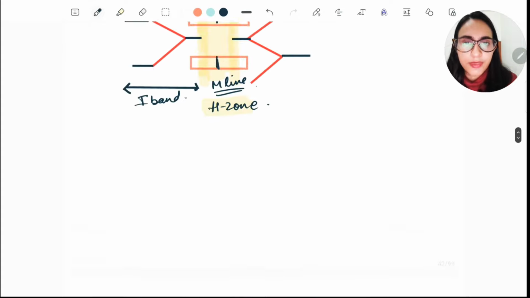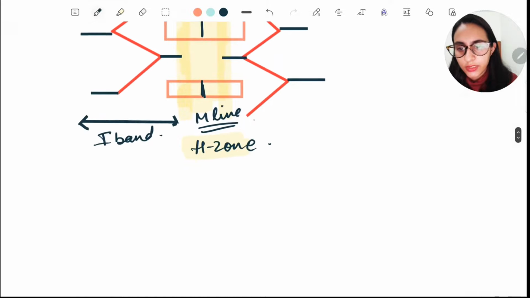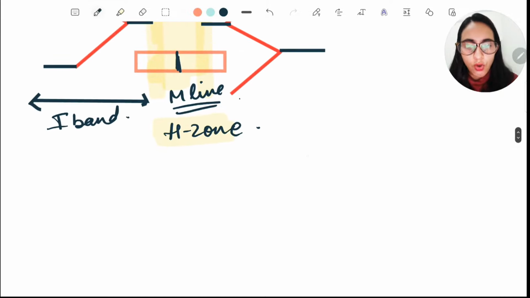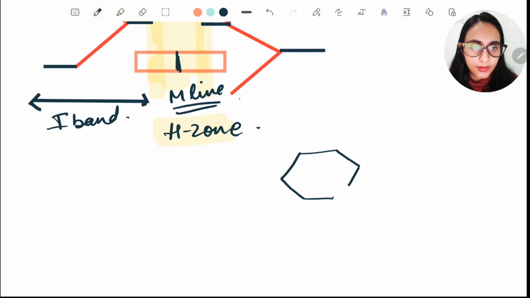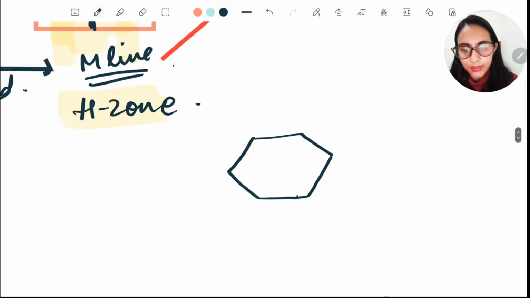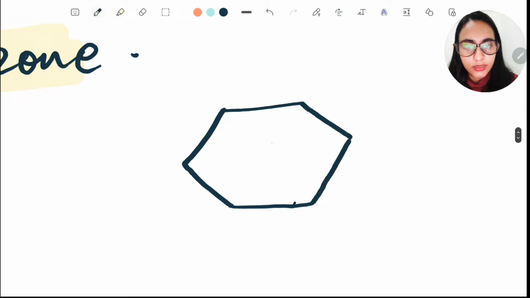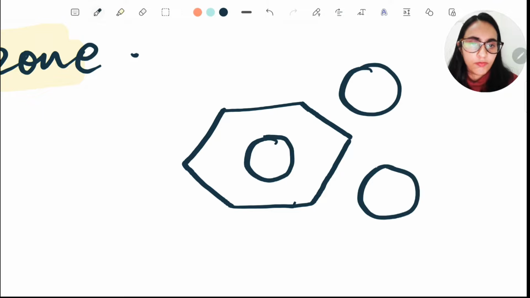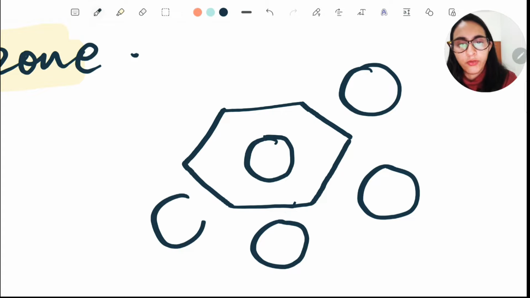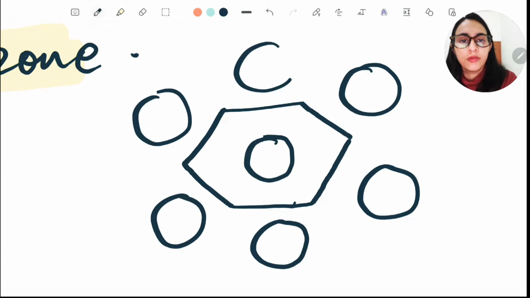Now this is a two-dimensional structure. If you see the cross-section view, the Z line is hexagonal and it is surrounded by six thin filaments. These are the thick filaments surrounding the Z line, and we have the thin filaments.